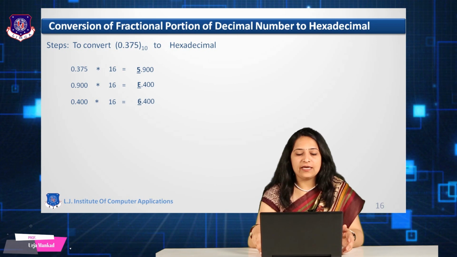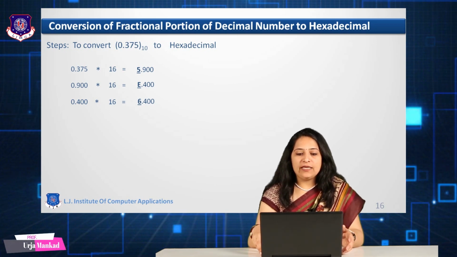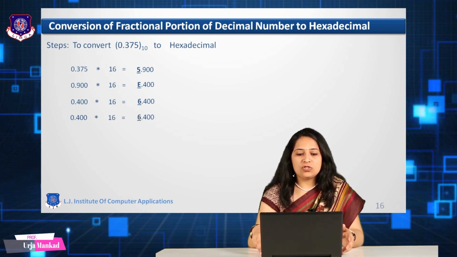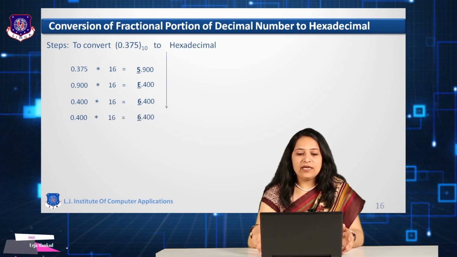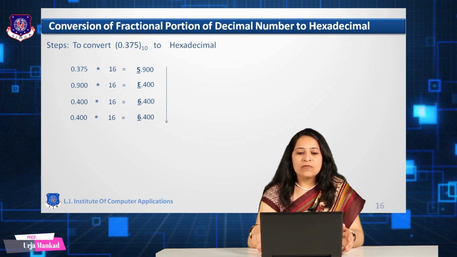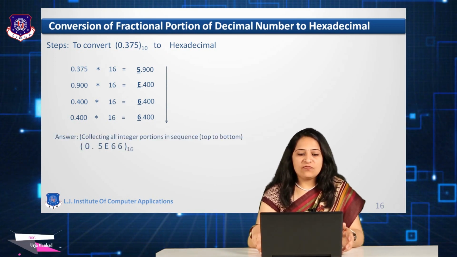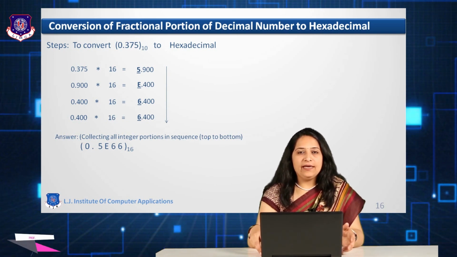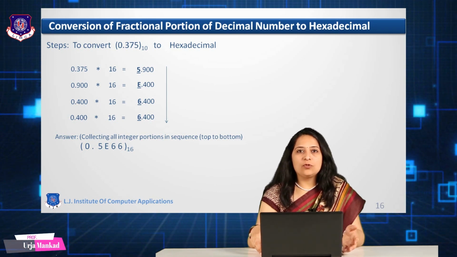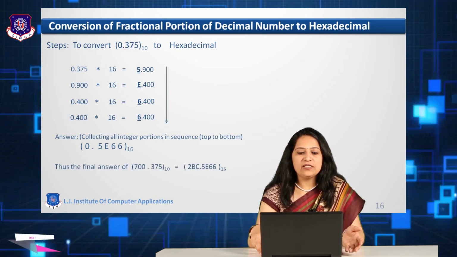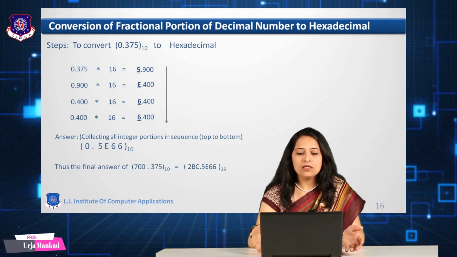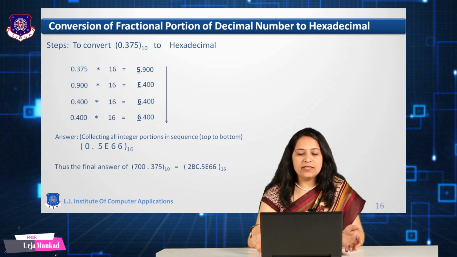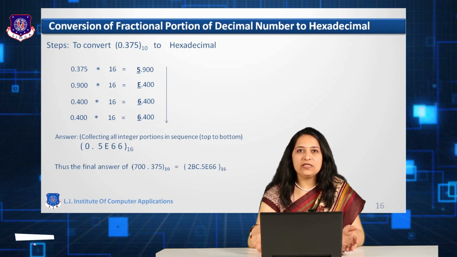But here we can see that if we are not able to get any other number than 0.400, then we can stop multiplication and collect the result from top to bottom, that is 5E66. Here 6 will be repeated n times. So, we can write up to 4 decimal points, that is 0.5E66. So, the answer of 700.375 is written as 2BC.5E66.